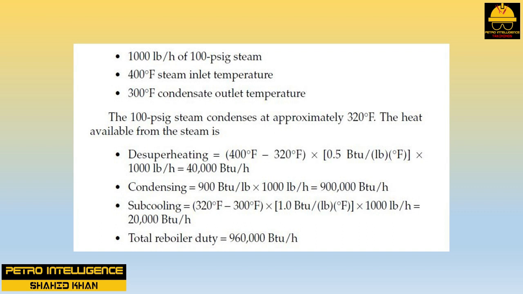Condensing equals 900 BTU per pound times 1000 pounds per hour equals 900,000 BTU per hour. Subcooling equals 320 to 300 degrees Fahrenheit times 1.0 BTU per pound degree F times 1000 pounds per hour equals 20,000 BTU per hour. Total reboiler duty equals 960,000 BTU per hour.